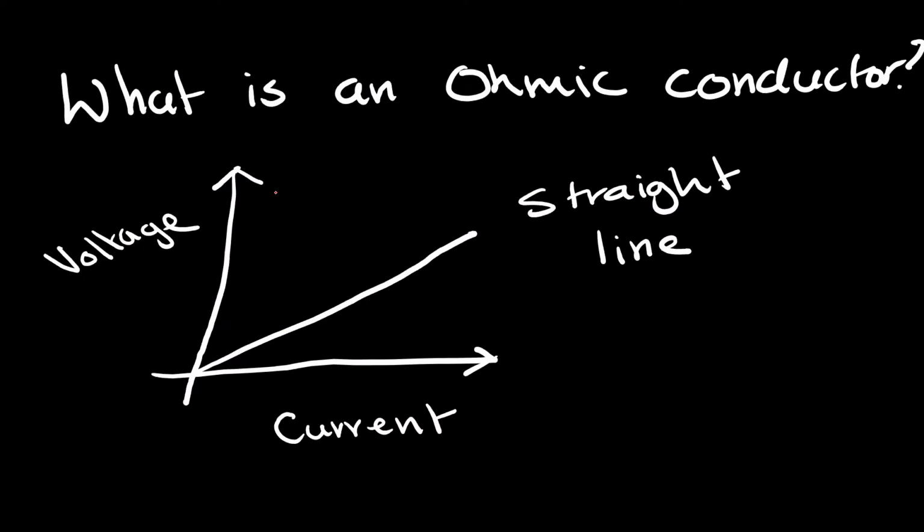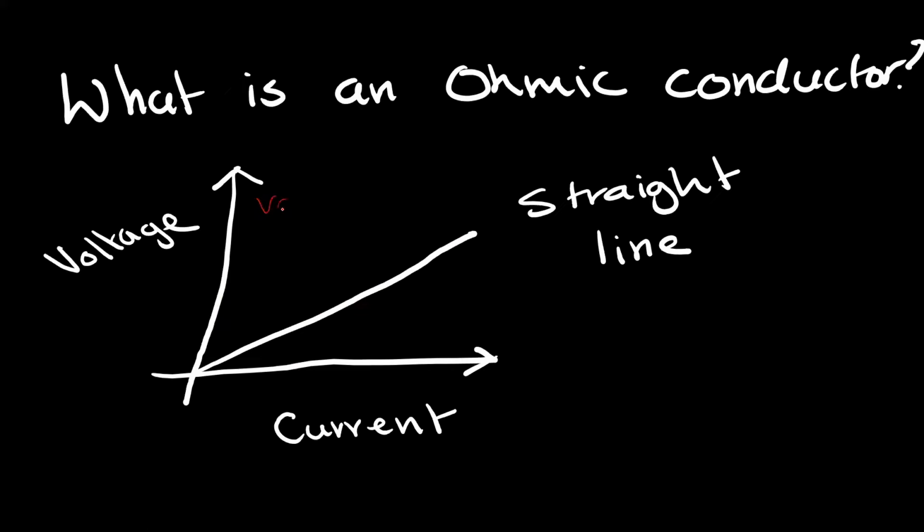So an ohmic conductor. I've drawn this diagram out. If you plotted the voltage and the current flowing through an ohmic conductor, a component in a circuit, you form a straight line. You can see the current goes up at the same rate as the voltage.